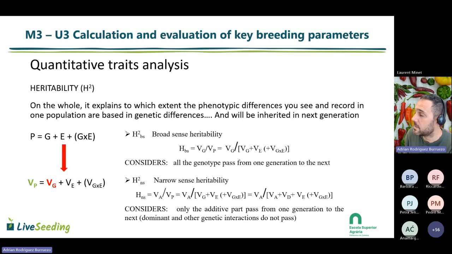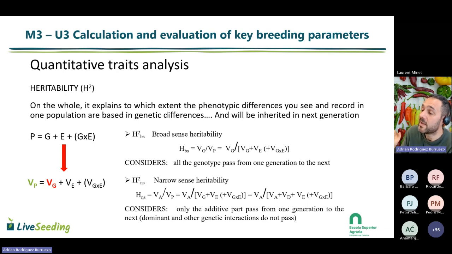Okay, and on the whole, the ratio between the genotypic variance against the whole phenotypic variance is the key and is the basis for heritability. The higher the value of the heritability, the higher the genetic basis of the phenotypic differences you are seeing in your population, and probably the higher the response to selection.